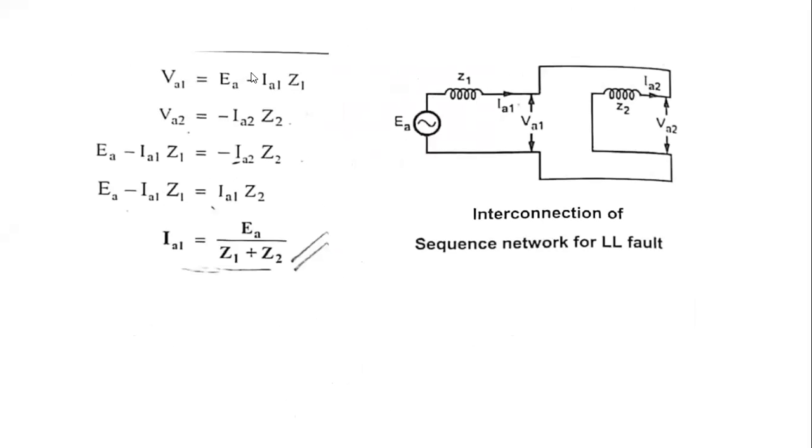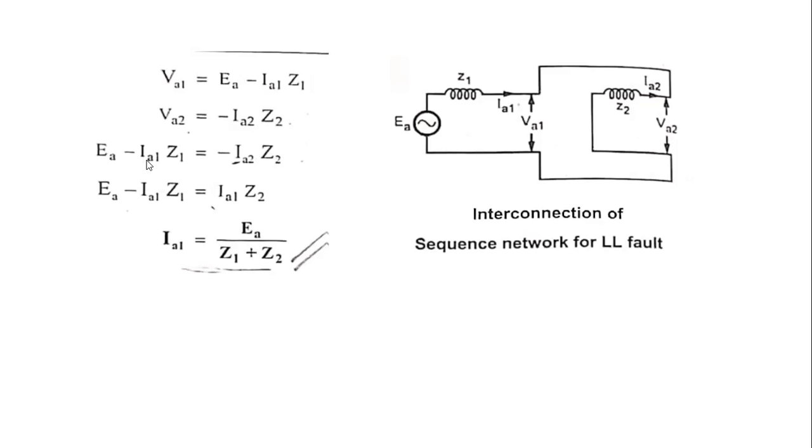By using these formulas and equating these two voltage equations, EA minus IA1 into Z1 is equal to minus IA2 into Z2.